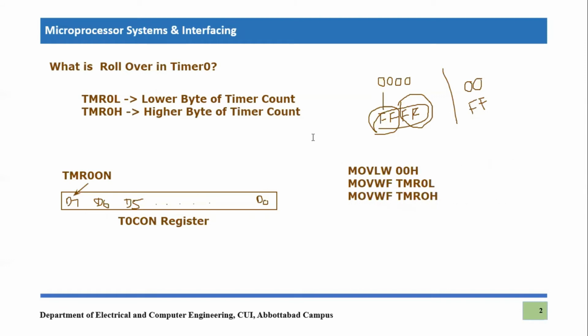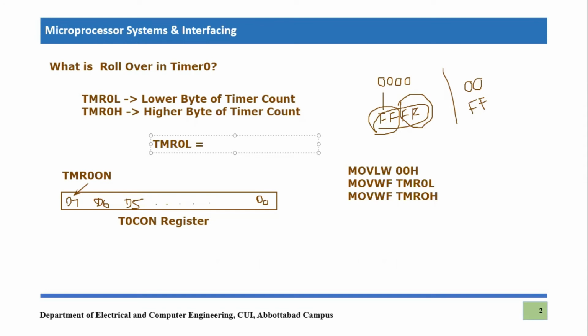So what is going to happen? We know that these two registers, timer 0L and timer 0H, will become equal to 00. So let's put these values.